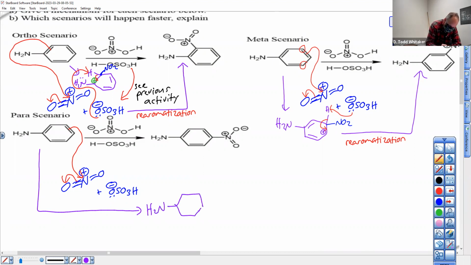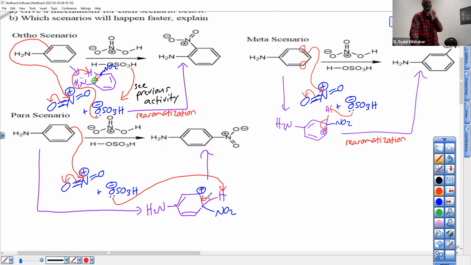Para position has an H, has a new NO2. Cation's up here this time. Old pi, old pi. Same story. Done. So the mechanism is not very hard, is it?